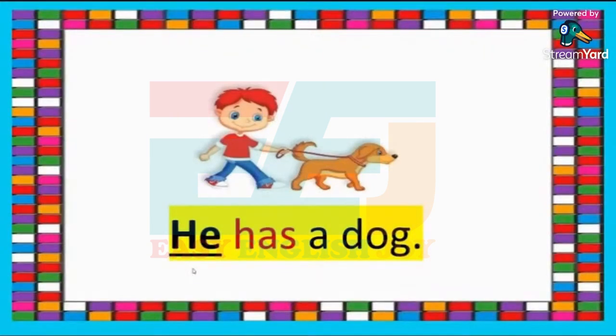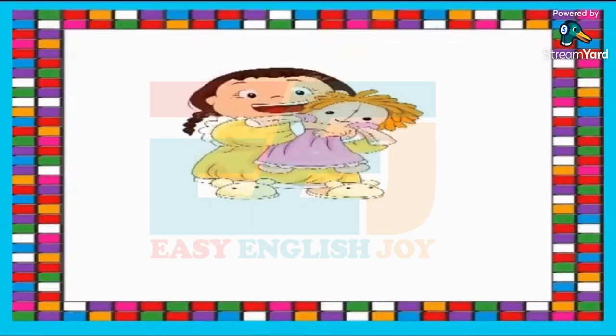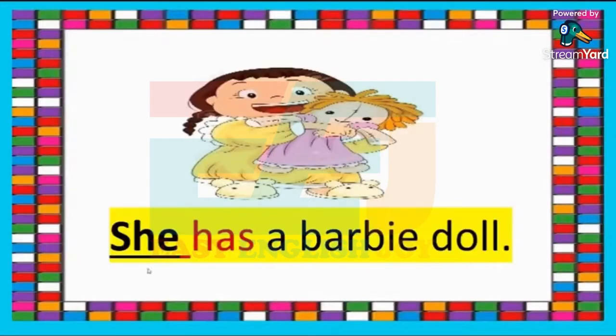Examples. He has a dog. Alright? So since he is singular, we use has. She has a Barbie doll. Alright? So she is singular, so we use has.